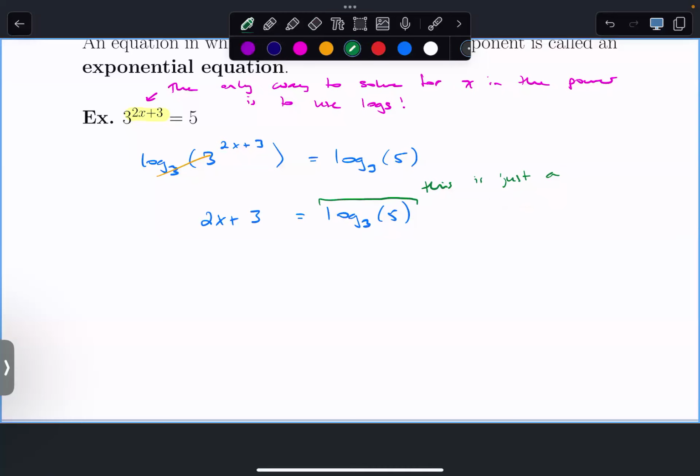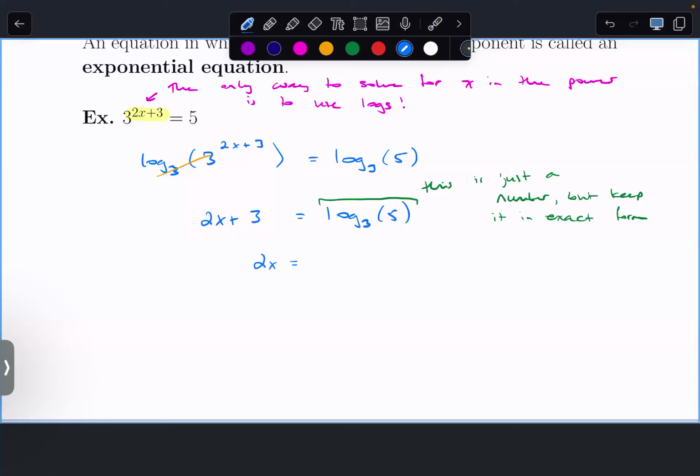This is just a number, but keep it in exact form. Exact form is when I don't do any rounding. I just keep it as log base 3 of 5. As long as I keep that as one thing, I can now chip away and find the x, right? I can subtract 3 from both sides, and then I can divide by 2 on both sides.